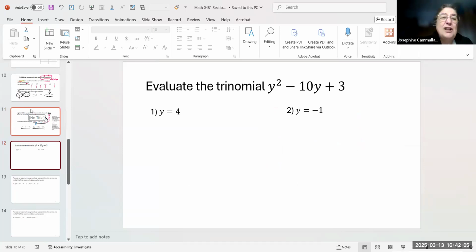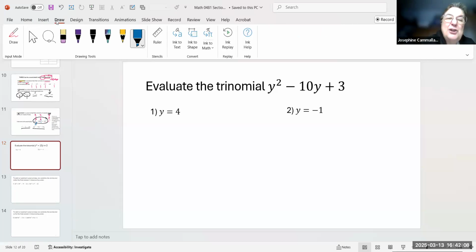This is saying evaluate a trinomial. Well, that means I should have 3 terms. Well, sure enough, I have 3. I have y squared minus 10y plus 3. 3 terms. Now, I'm going to use this trinomial twice.